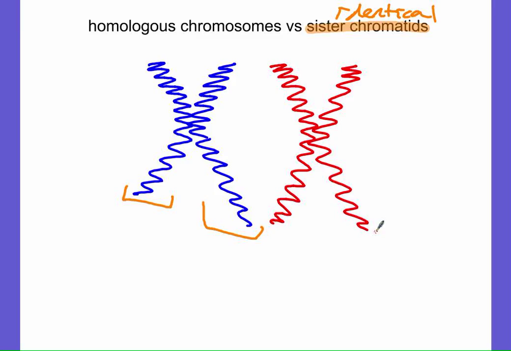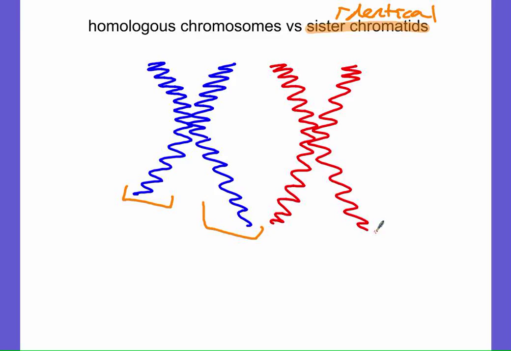And those proteins come from your DNA. So they go together because they have the same genes, but that does not mean that they're identical. They are actually different. This one might have the blue-eyed allele again, this one has brown eyes, but they both have that gene for eye color on them. That's why they're homologous. That's why they go together.